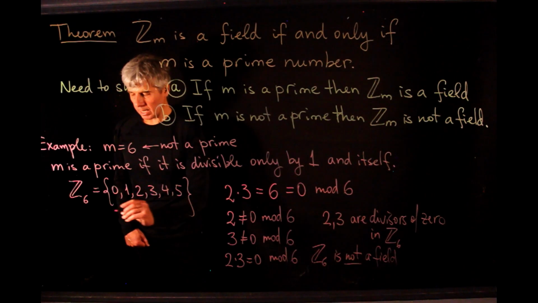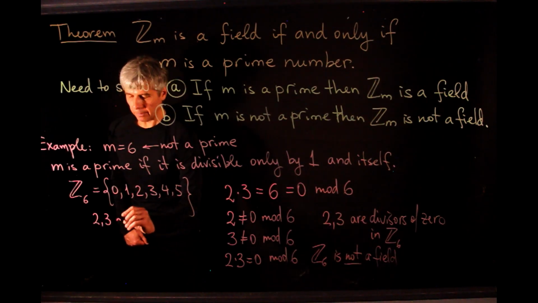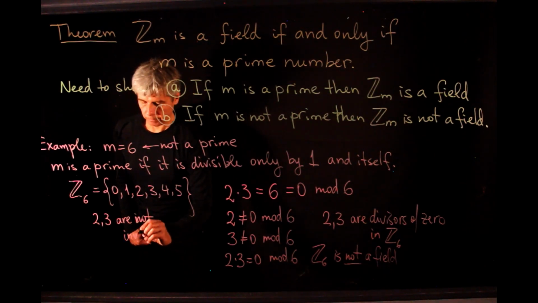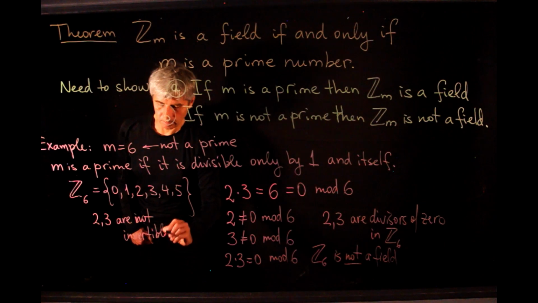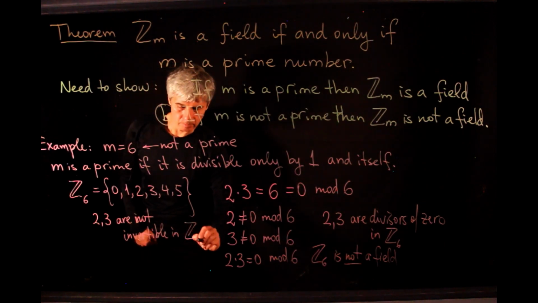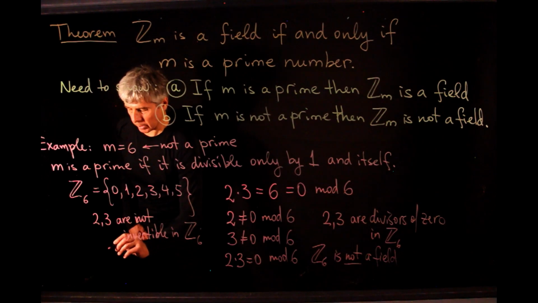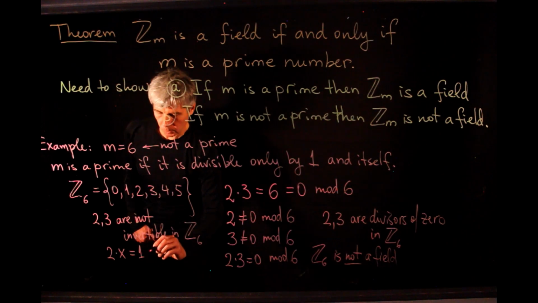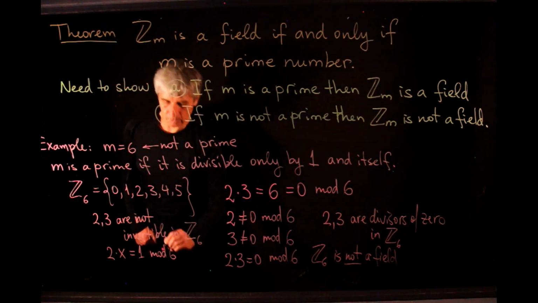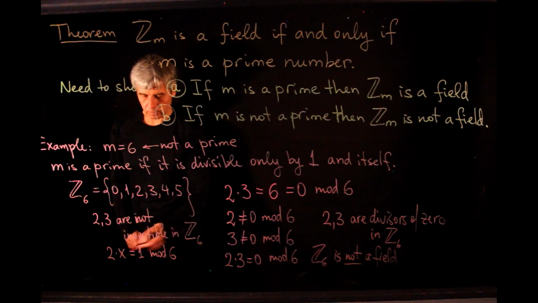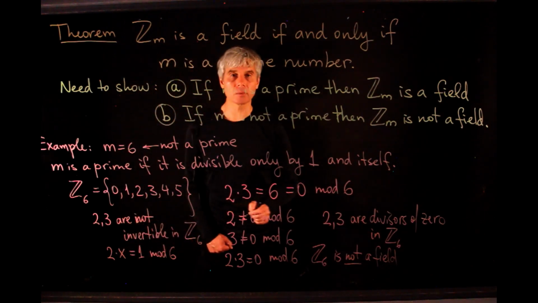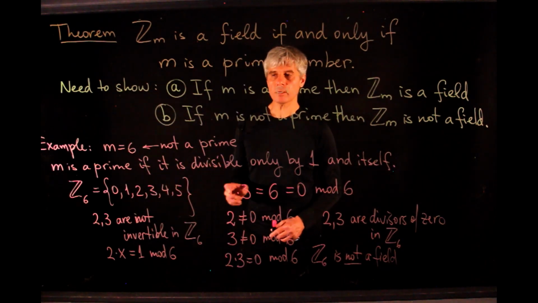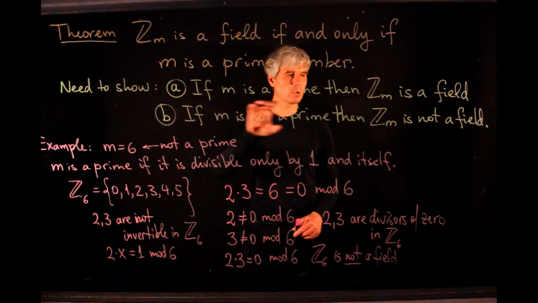And this also indicates that 2 and 3 are not invertible in Z6. And indeed, we cannot find a solution to the equation 2x equals 1 mod 6, or the solution for the equation 3x equals 1 mod 6. This example can be easily generalized to give us the proof of part B.